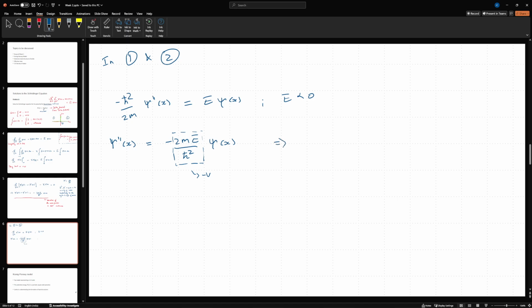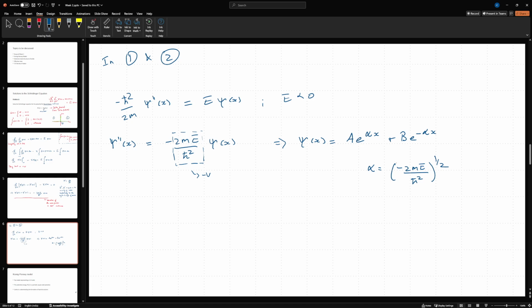So this implies I will have psi of x is equal to A e to the power alpha x plus B e to the power minus alpha x, where alpha is equal to minus 2mE upon h bar squared, whole power half. I hope this is clear to everyone. This is exactly what we did last week.